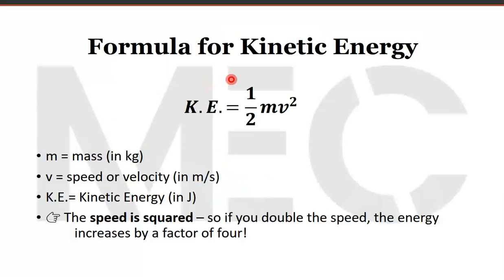The formula for kinetic energy is half of mv squared, which means it involves both mass and speed, but speed squared. So 1/2 times mass times speed squared. M is mass measured in kilogram, V is speed or velocity in meter per second.